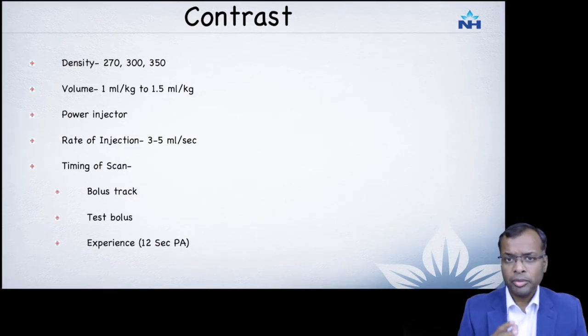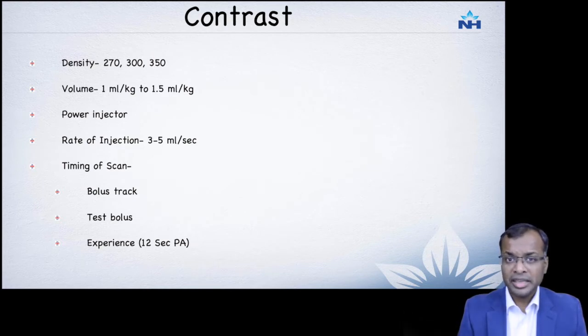It is very important to time the contrast examination appropriately. The trigger time, the time where you start the actual examination, is very, very important. Traditionally, we used to have test bolus technique where we would give a little bit of test bolus, look at the timing when it reaches the most appropriate part, and then we would use that timing to do the scan.